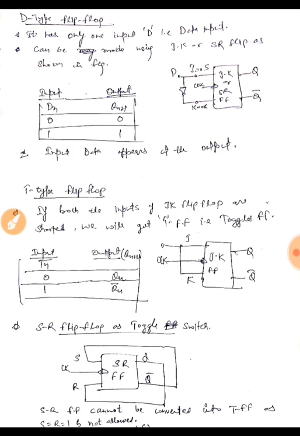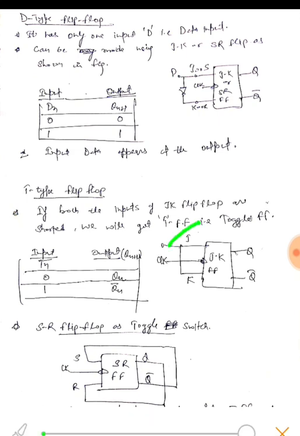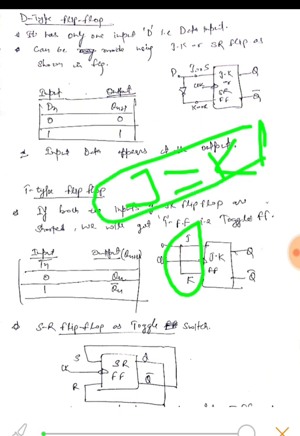Okay, now next is T-type flip-flop, that is toggle flip-flop. Like in D-type flip-flop, we have complemented both the inputs, but in T-type what we would do, we will short them, both the inputs are the same. So in T-type, if we make it using JK, we will short the inputs. J is equal to K, both the inputs are the same.